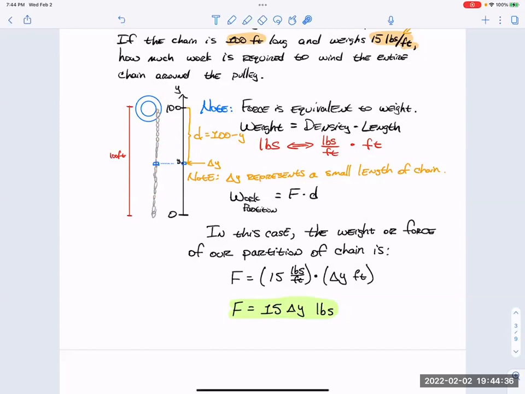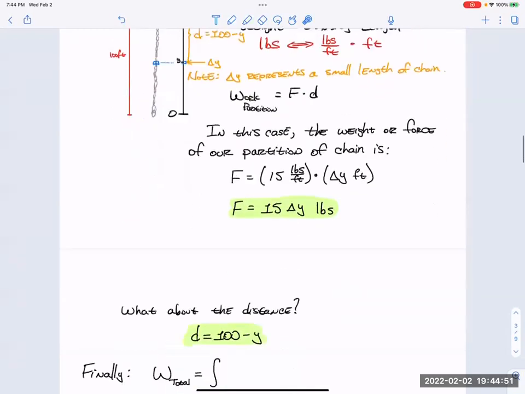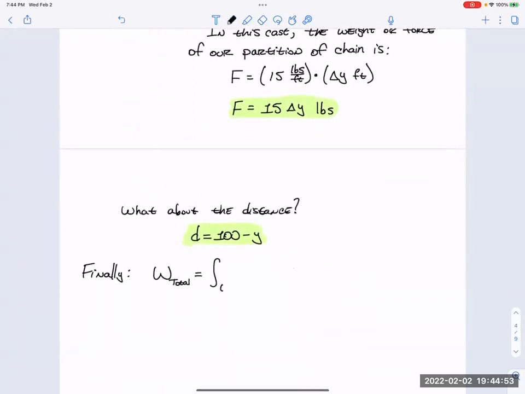So it's like we take a slice here, we take a slice here, we take a slice here. We take this slice all the way until we get to the top. So we have to sum up these slices from where? From 0 all the way up to 100. So in our integral, we're integrating from 0 to 100. That's where we're summing up our little arbitrary delta y's.